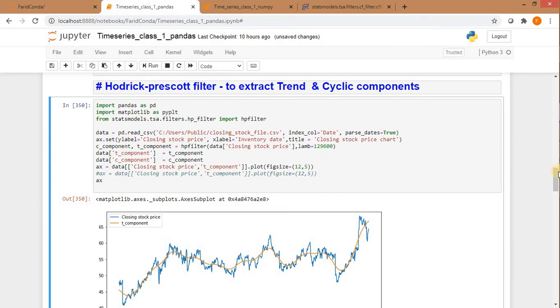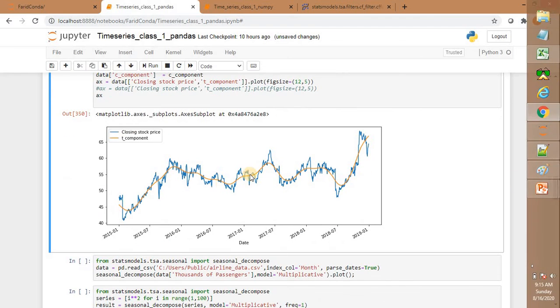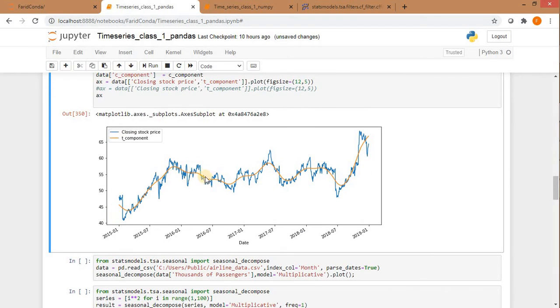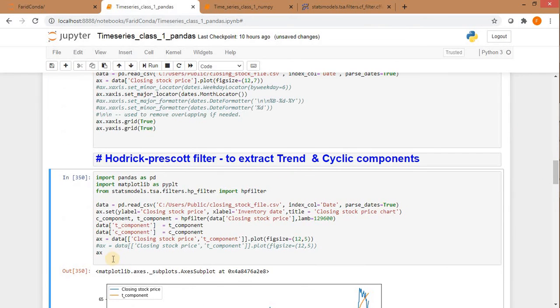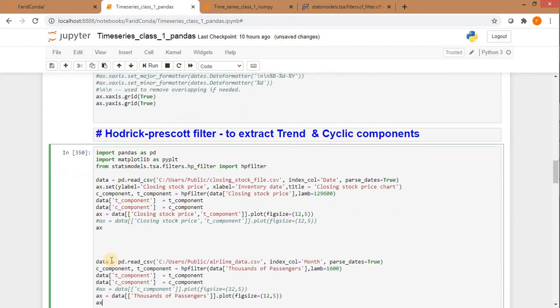Here it is. See, this is the trend. This is the trend of inventory stock data. Okay, and let's draw its cyclic component.